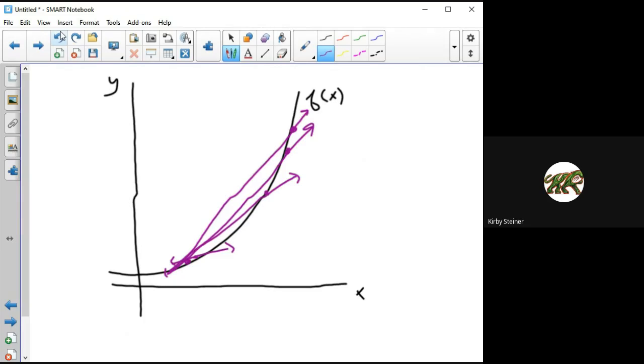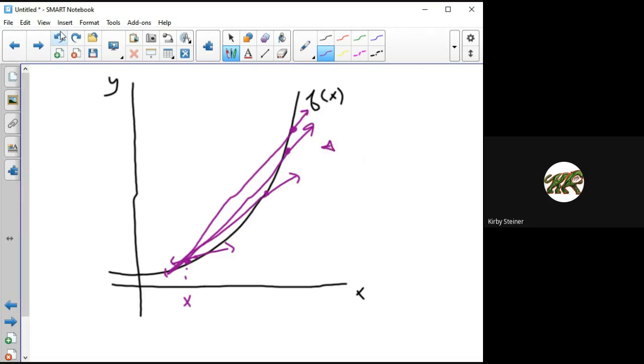If I keep making the distance smaller, for any given x, how do I estimate the slope of a curved line at every point? The idea is that for each point, I make the distance h smaller and smaller and smaller, and then I can get the slope of a curve at any given point.